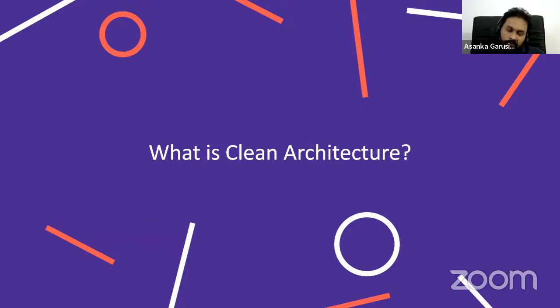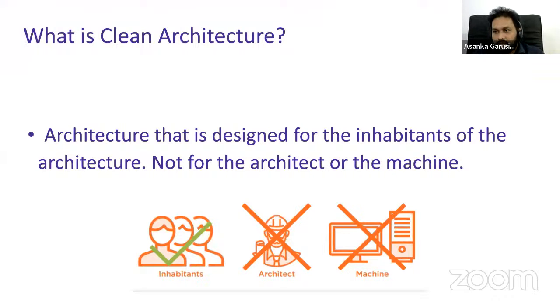Okay, now let's talk about what clean architecture is. This is the definition that I got from the internet. Clean architecture is architecture that is designed for the inhabitants of the architecture.